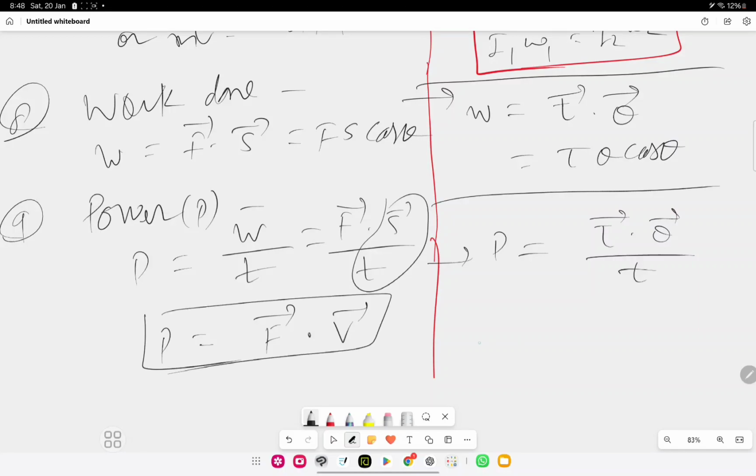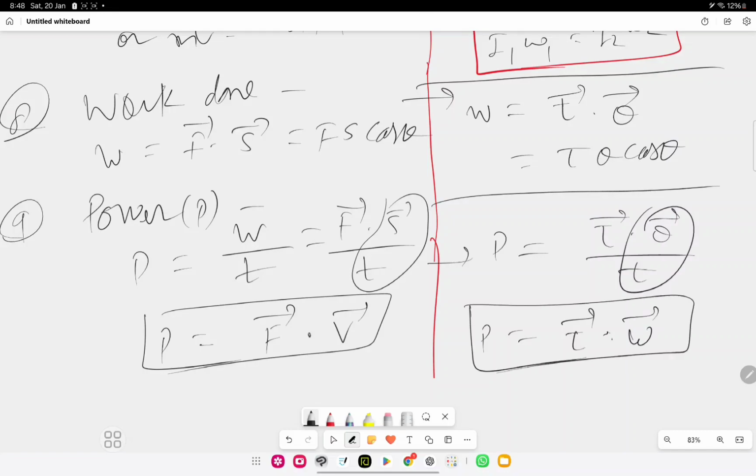And in angular motion, same thing: tau dot, and theta by T we can write as omega, so tau dot omega, right? So these are some basic relations.